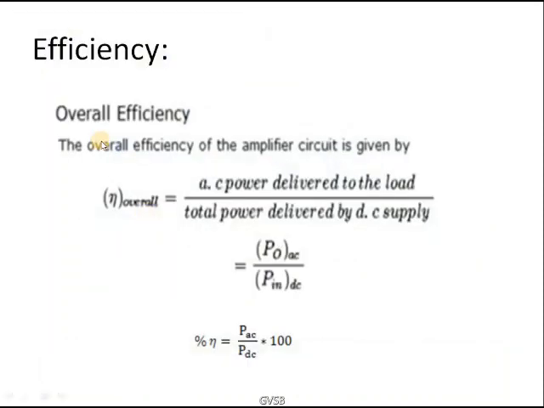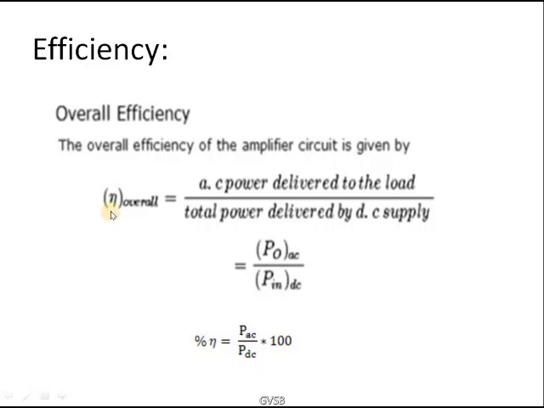Next thing, we have to find the efficiency. The overall efficiency of an amplifier circuit is given by eta is equal to AC power delivered to the load to total power delivered by DC supply, PAC divided by PDC.